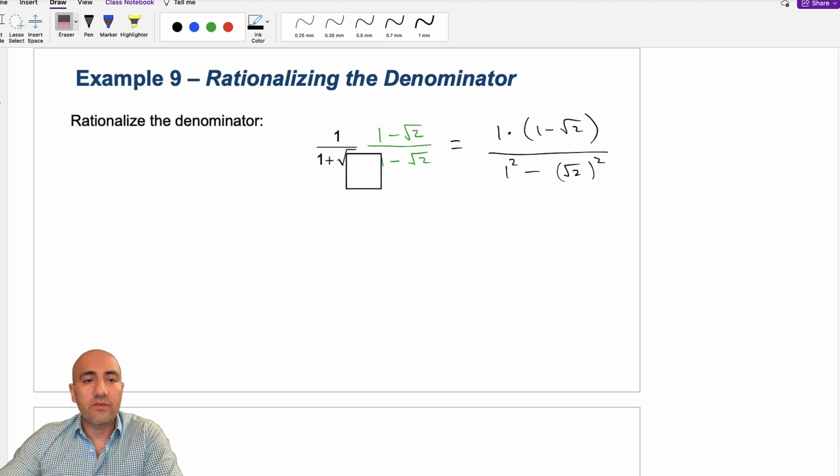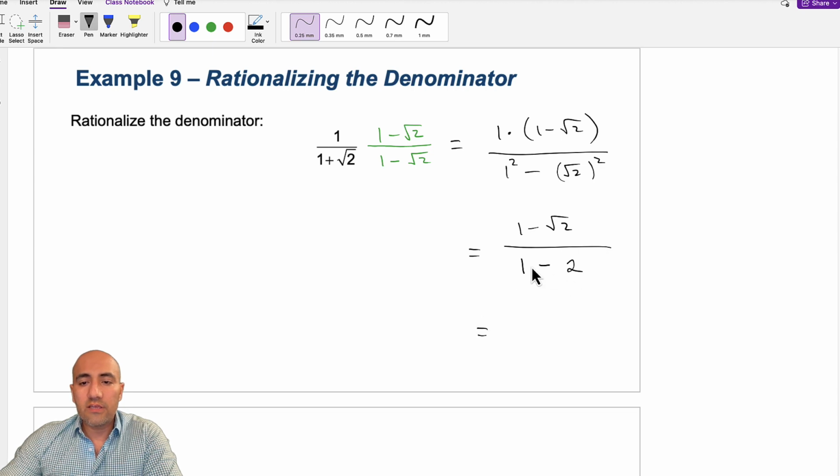Difference of squares gives you this. And so now this simplifies to give me 1 minus root 2 in the numerator. And here in the denominator, we get a 1 from there minus a 2 from there. The square root of 2 squared is just 2. And so this becomes 1 minus root 2 divided by negative 1.